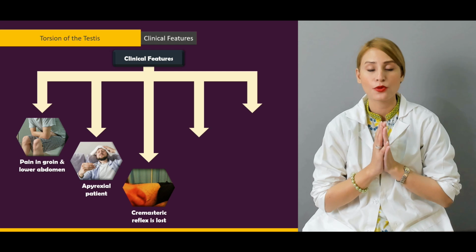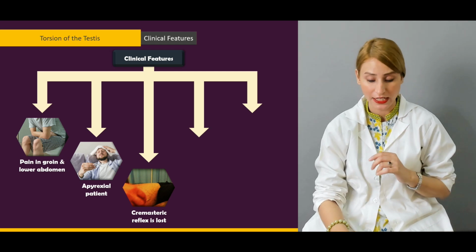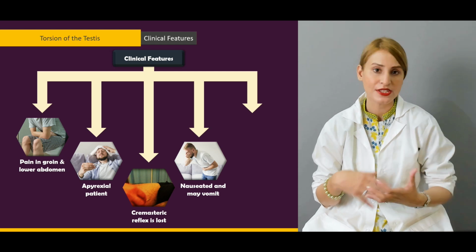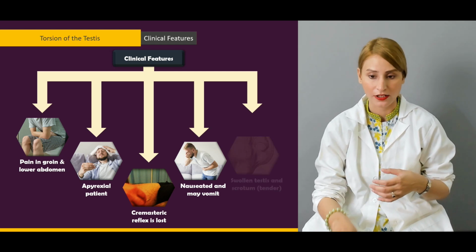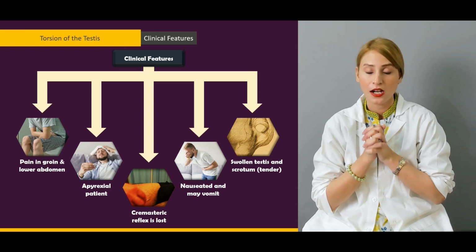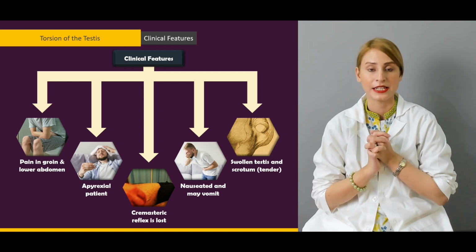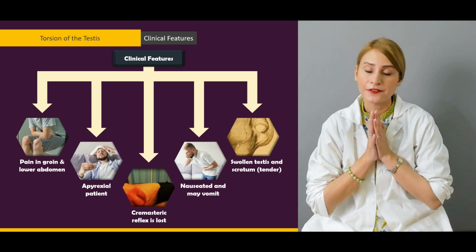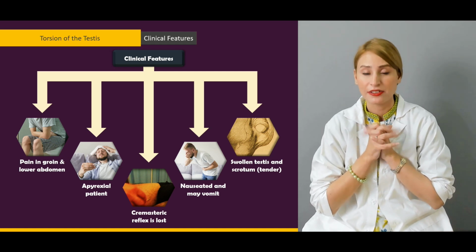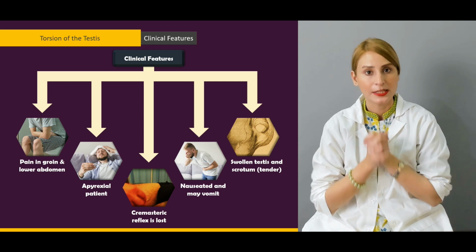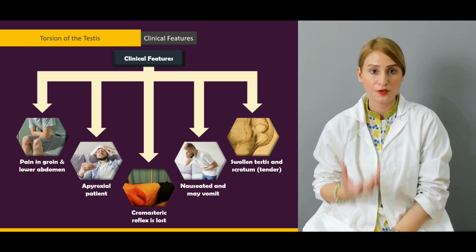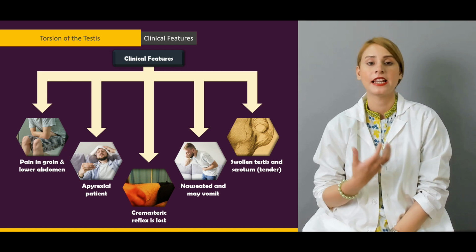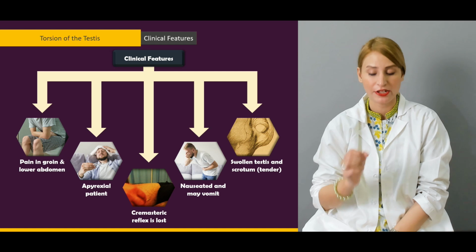In case of torsion of the testes, the cremasteric reflex is also lost, and the patient may feel nauseated and can vomit as well. And if we particularly talk about the presentation, the patient will tell you that I've got a swelling in the testes and the scrotum, which is extremely painful, and whenever you touch them, they're extremely tender.